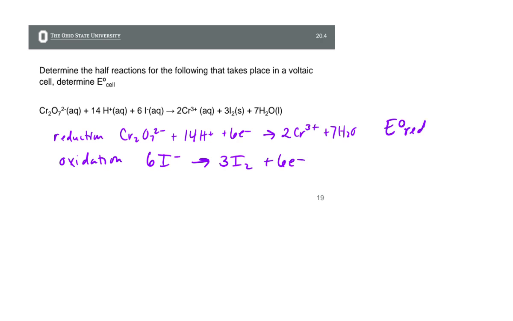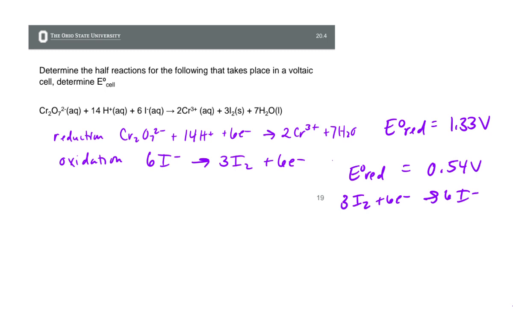The reduction potential for the chromium reaction is 1.33 volts, and the reduction potential for 3I2 plus 6 electrons forming 6I minus is 0.54 volts. So with those two values, we had to look that up on a table, okay? Looked up our reduction reactions. Given those two values, what is the cell potential?